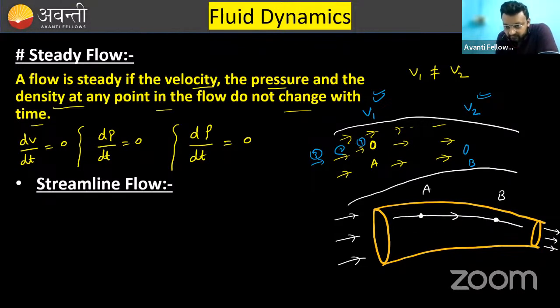Again, if a particle passes through point C, then it will definitely pass through point D. That means all the particles follow the same path during the flow. All the particles following the same path between 2 points is called streamline flow.